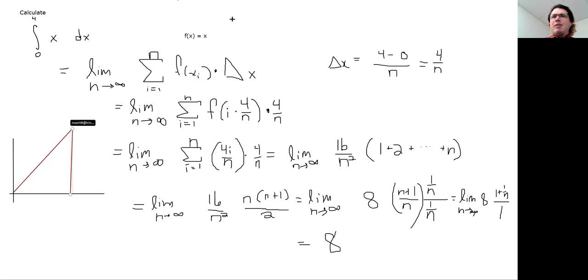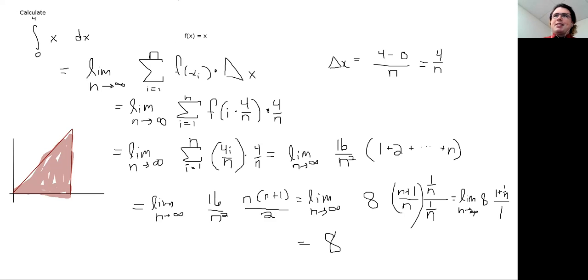I've got the area of a triangle whose width is 4 units and whose height is also 4 units. So how much area does such a triangle have? Width times height divided by 2, that's going to be 8. So yes, I did get exactly the amount of area that I thought I should get.